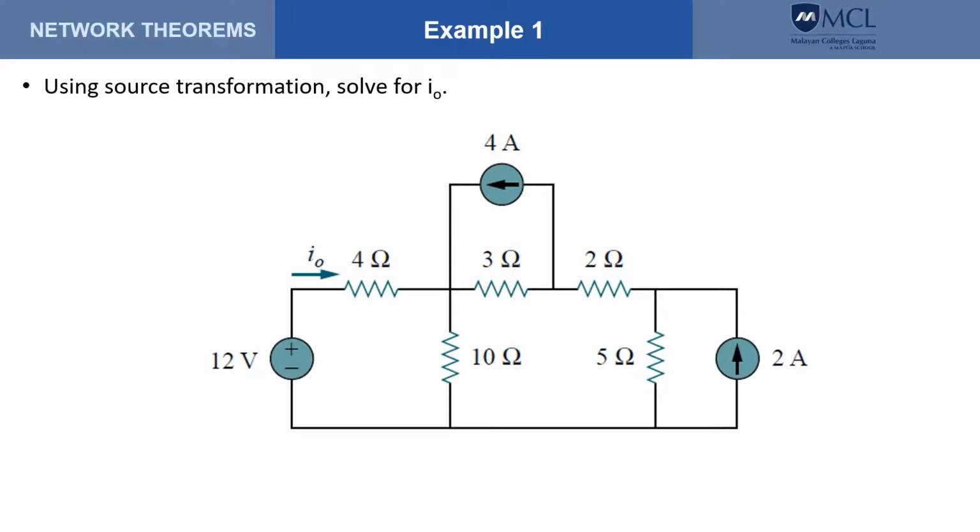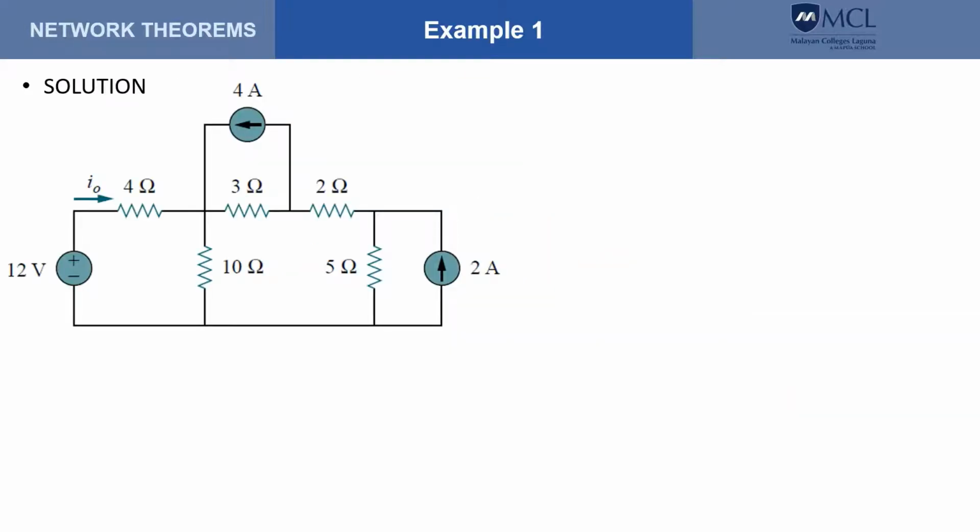Let us take this example to illustrate source transformation. This is the same example that we have in Thevenin's theorem. The role of source transformation is to simplify complicated circuits.